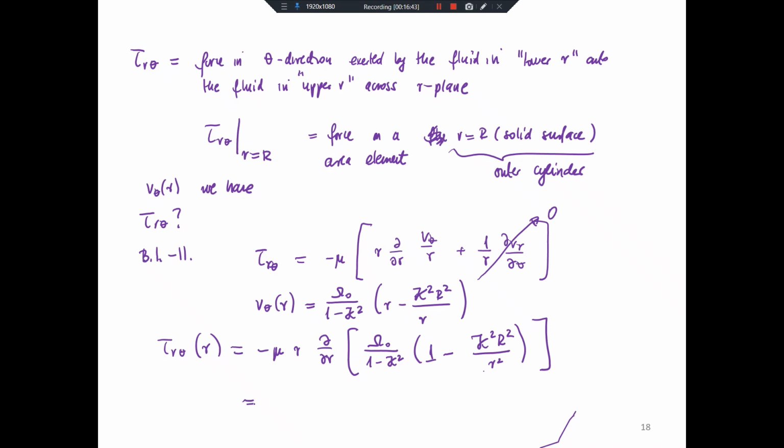What's left, with the minus mu r here, is d/dr of 1 over r squared, which is r to the minus 2. So the derivative of that is, can you tell me? Wait a moment and find it yourself and then plug it in.